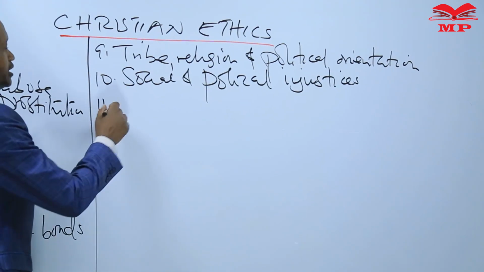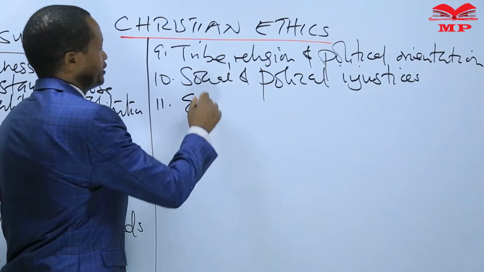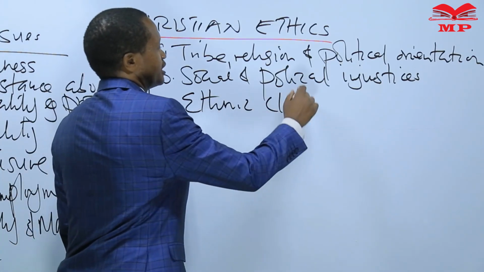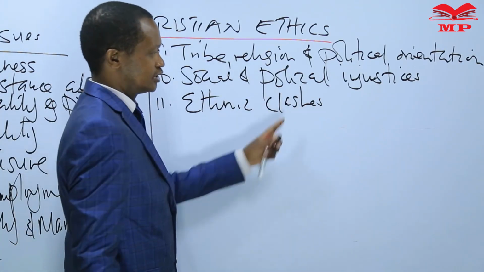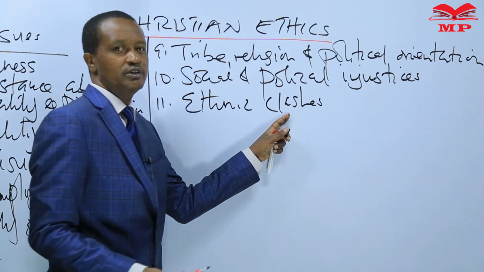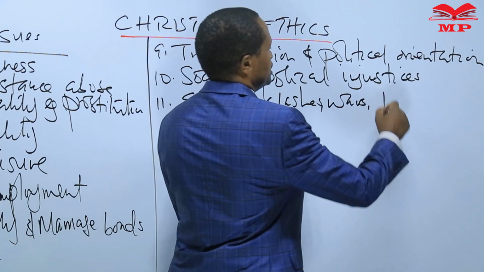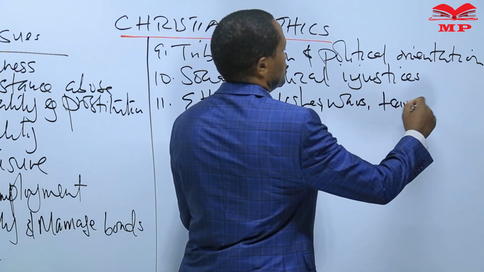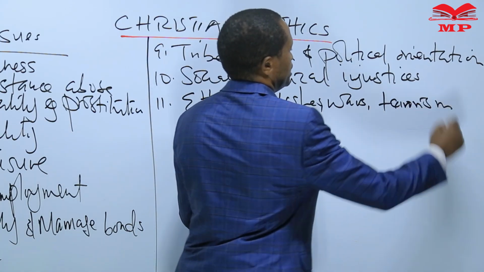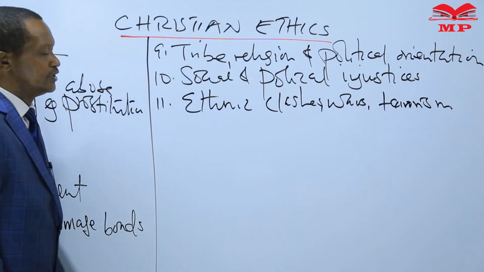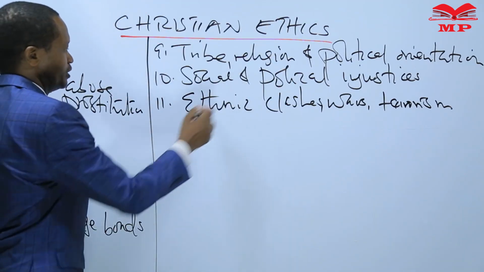We've had issues of ethnic clashes. We have tribalism, we have wars. These are problems. Wars, terrorism, and so on. So these are issues that we are grappling with.